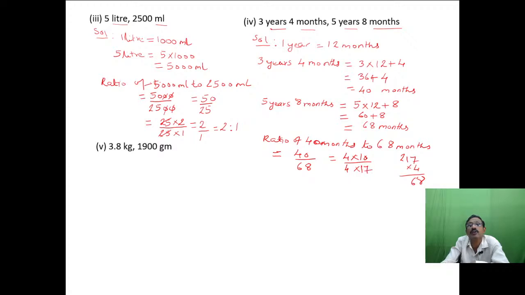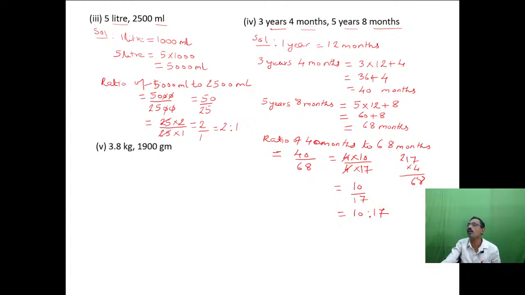So we have 4 into 10 upon 4 into 17. 4 ones are 4, 4 ones are 4. What we get here is 10 upon 17, which is equal to, when we express this as a ratio, 10 is to 17.